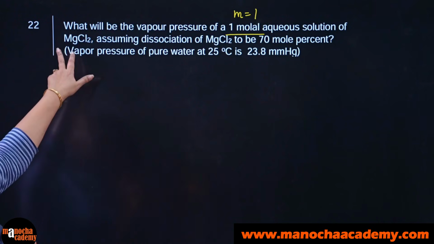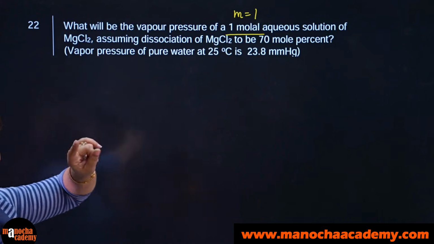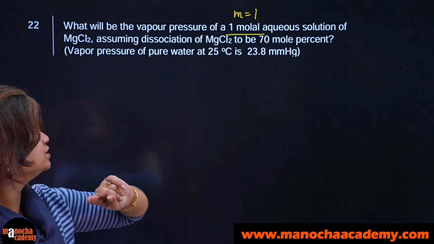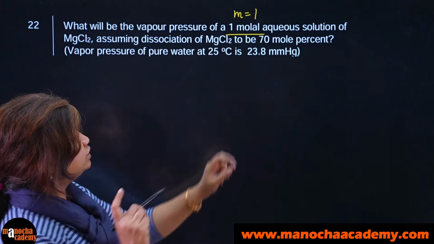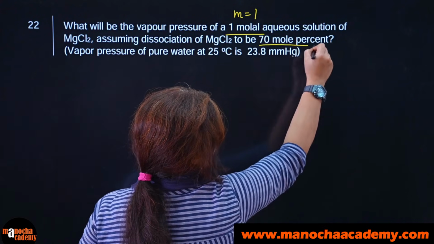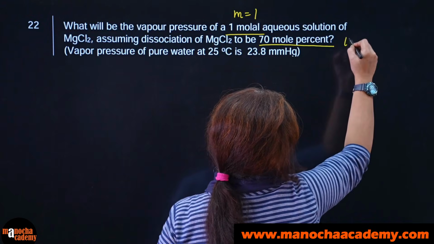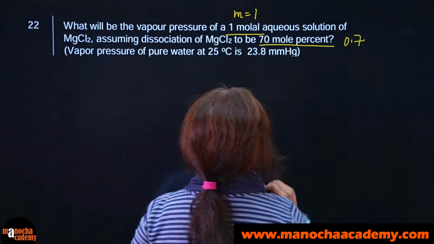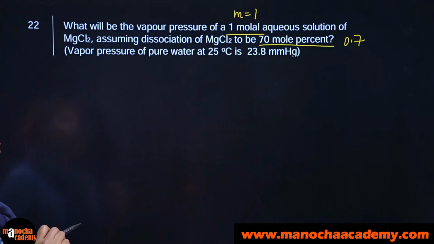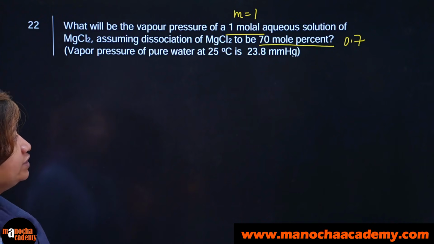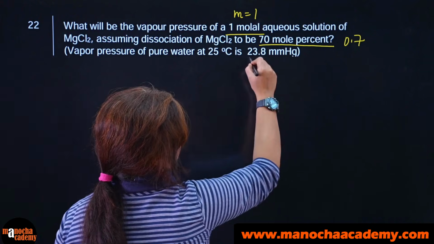Now MgCl2 is an electrolyte, so it should have a Van 't Hoff factor. Dissociation of MgCl2 is 70 mole percent. 70 mole percent means 0.7. The vapor pressure of pure solvent at 25 degrees centigrade is given to be 23.8 mm.